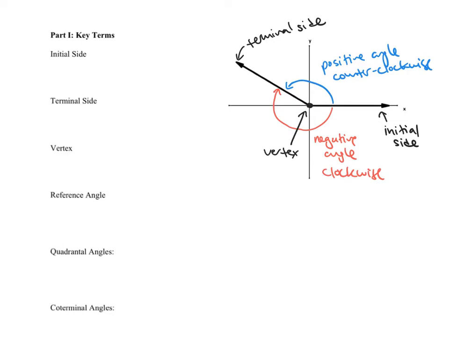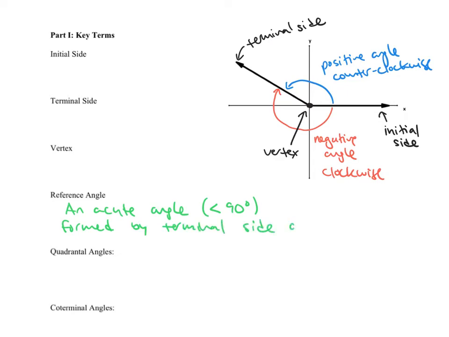A reference angle is an angle that's less than 90 degrees, and it's an angle formed by the terminal side and the x-axis. So an acute angle, which is less than 90 degrees, formed by the terminal side and the x-axis.